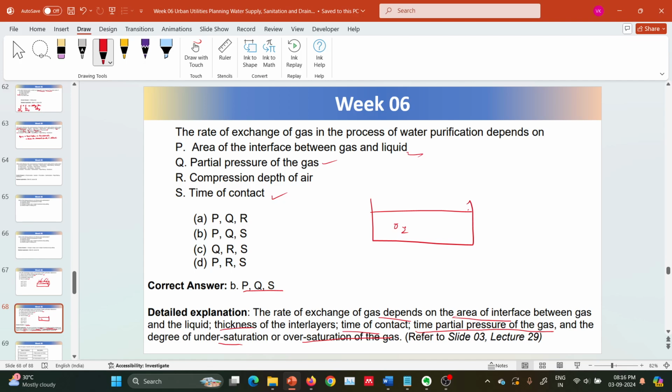If oxygen is less here, oxygen will come from the atmosphere, and simultaneously, because the microbes will consume oxygen and produce carbon dioxide, it will go to the atmosphere. So the flow of gas depends on whether the oxygen is undersaturated or CO2 is oversaturated. In this case, the CO2 is produced because of microbial activity, so it will go into the atmosphere, and oxygen is less, so oxygen will come from the atmosphere.